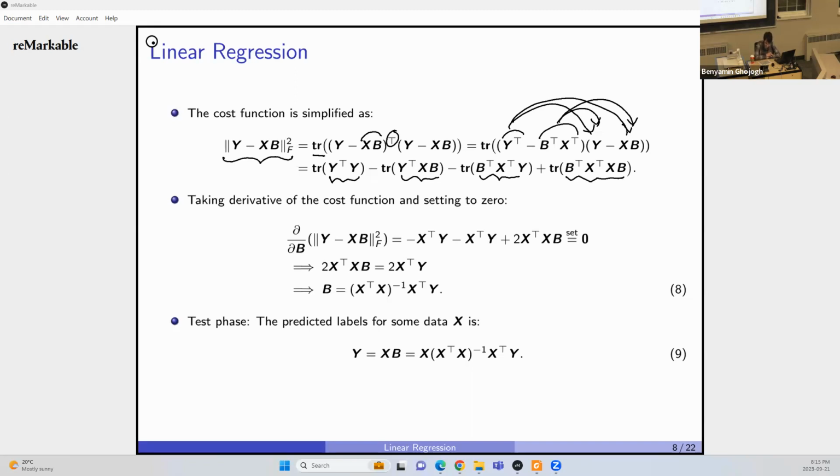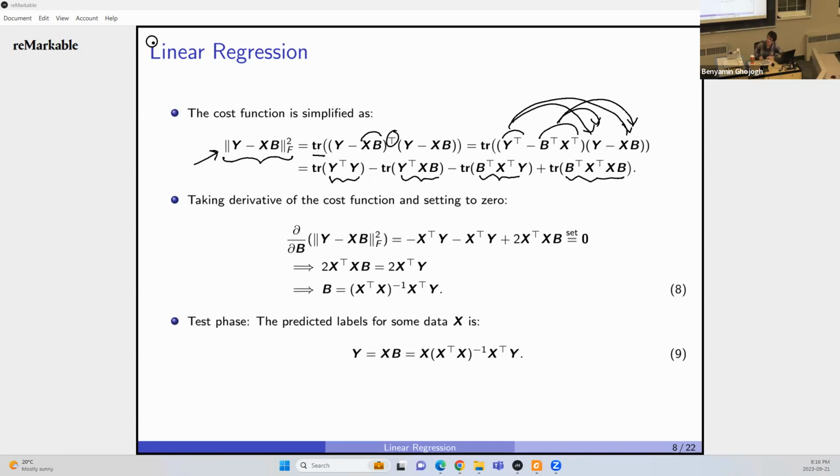Okay. This is a scalar. We want to minimize that with respect to, what is my optimization variable here? The matrix B now, right? So take the derivative of the cost with respect to B. The derivative of a scalar with respect to a matrix is a matrix. Recall preliminaries.